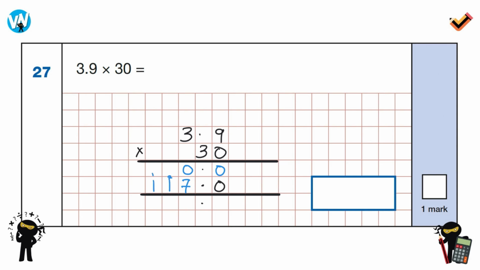So that's going to carry. Good. So I can add these together. We've got 0 add 0 is 0, 0 add 7 is 7, 0 add 1 is 1, 0 add 1 is 1. So our answer is 117. So very, very simple and a very straightforward way to carry out this calculation.